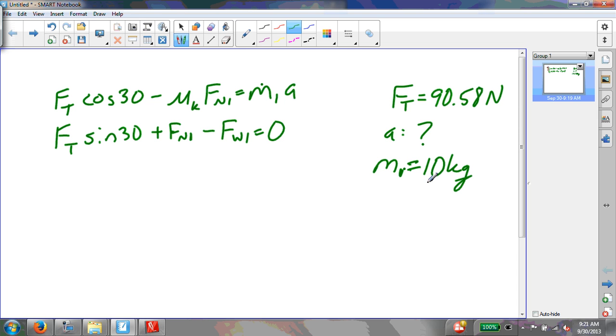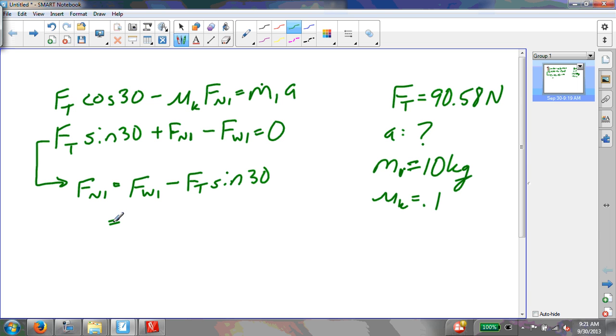All right, so now I can solve these equations. And mu k equals 0.1. Let's solve the second equation for Fn1. So Fn1 equals Fw1 minus Ft sine of 30.